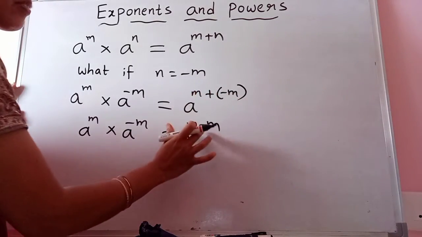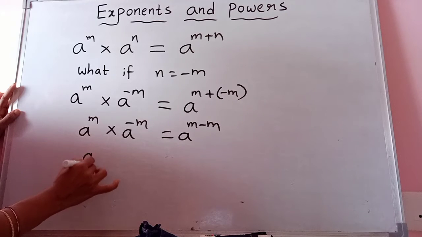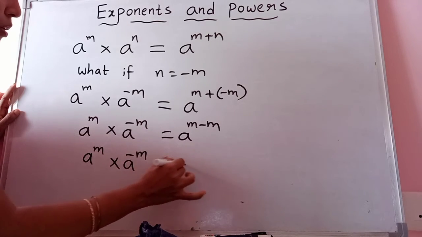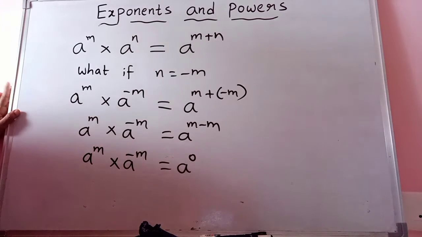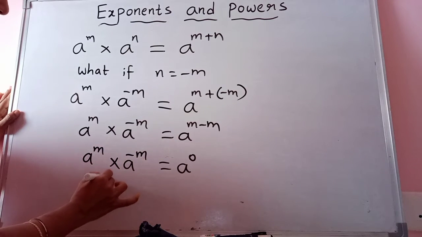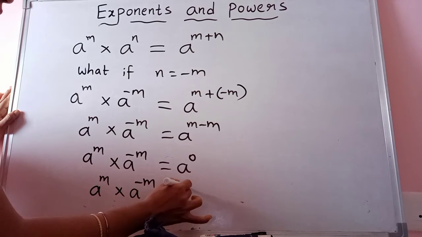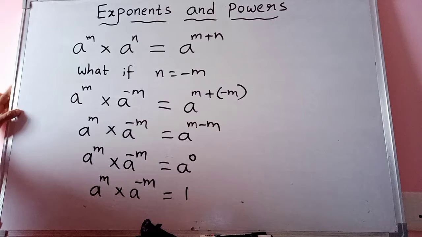That is, a power of m minus m, since plus into minus is minus. So it is a power of 0. But we know already a power of 0 is 1. Therefore, a power of m into a power of minus m is equal to 1.